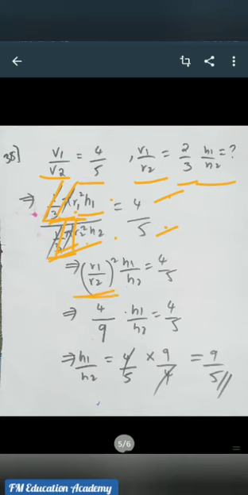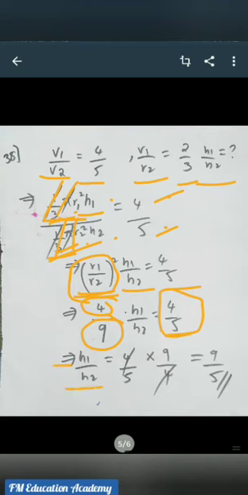So r1 square by r2 square into h1 by h2 equals 4 by 5. Now r1 by r2 is given as 2 by 3, so r1 by r2 whole square means 2 square, that is 4, and 3 square, that is 9, into h1 by h2 equals 4 by 5. So h1 by h2 is equal to 4 by 5 as it is, into 9 by 4, since 4 by 9 goes to the other side and becomes 9 by 4. 4 ones are 4, 4 ones are 4. So we got the value of H1 by H2 as 9 by 5.